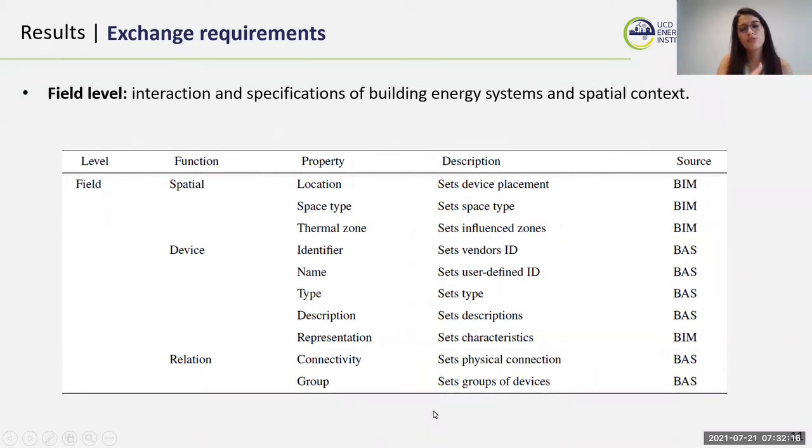So both physical connection between the device and also grouping devices into a main system. So grouping into a chiller, grouping different equipments into an HVAC system, so grouping different lighting related equipments into a lighting system.